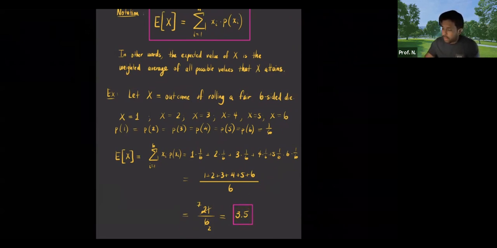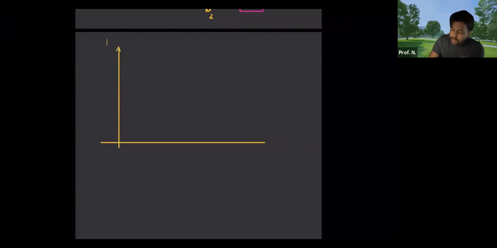So if I were, for example, to graph the PMF of this particular random variable, what would it look like? If this is P of X and this is X, so I got 1, 2, 3, 4, 5, 6. What would be the probability mass function?